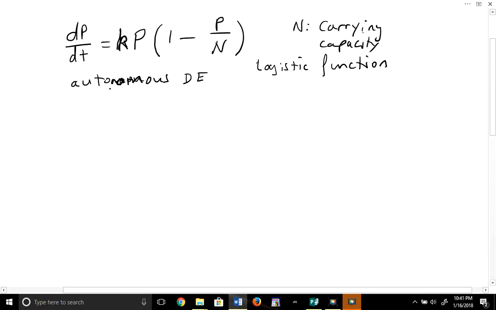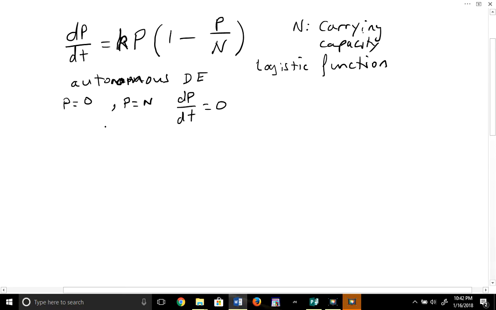Secondly, in this autonomous differential equation, there are values of p that make the rate of change 0. Those values, namely p equals 0 and p equals N, we noted before, give dp/dt equal to 0.